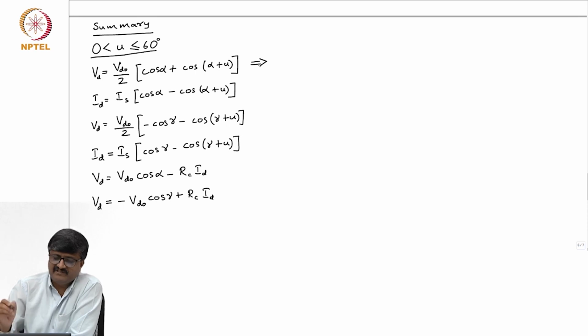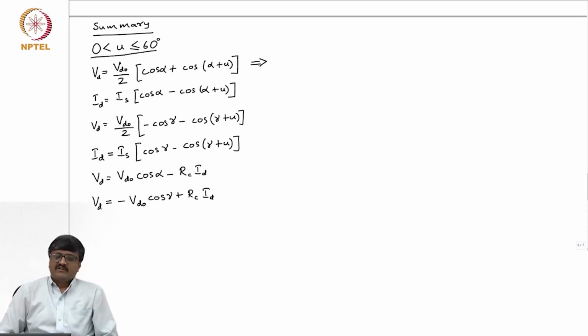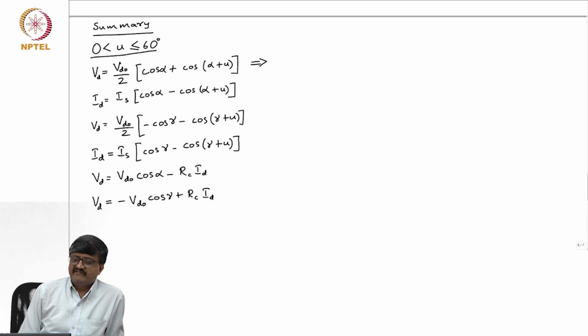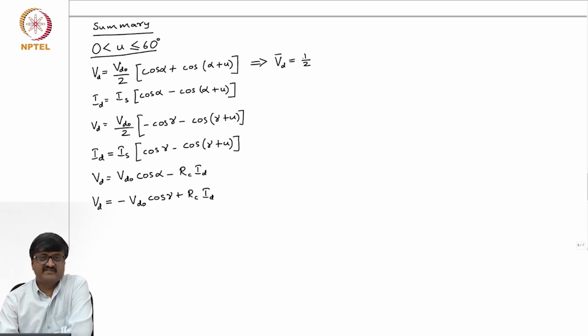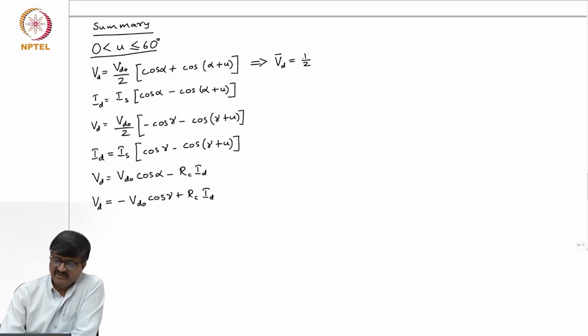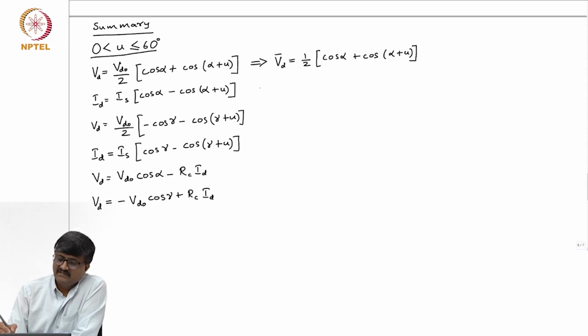If I take the first equation and divide both sides by VDO, then on the left hand side I get VD by VDO, which is nothing but VD bar. On the right hand side, VDO in the numerator gets cancelled by the VDO in the denominator, so I get 1 by 2 (cos alpha plus cos alpha plus u).